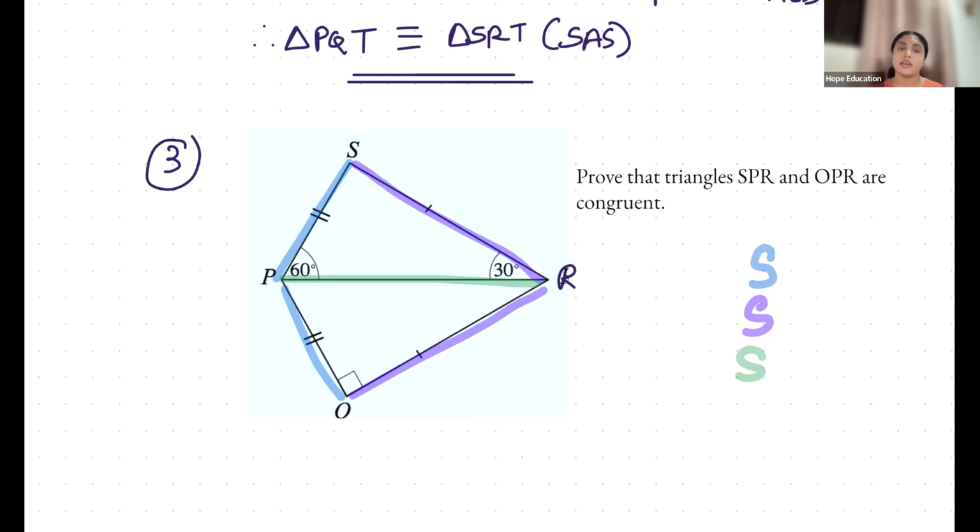Okay, yes, good. How did you get that, Basma? Can I ask why? So POR here, this is 90 degrees. Of course. Is PSR also 90 degrees? How did you get that? Pythagoras theorem. Pythagoras, okay, you can get Pythagoras.